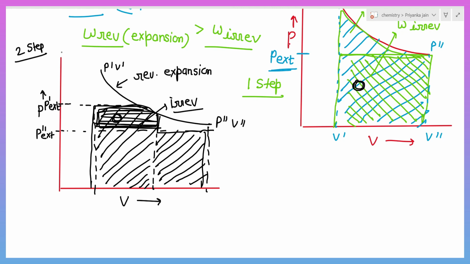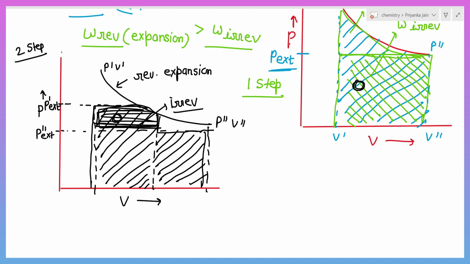Similarly, in three steps the magnitude of the work will be even more. And in infinite steps, the magnitude of the work will be very high, it will reach a maximum value. So as we increase the steps, we get more and more work and the process goes much nearer to the reversible process.